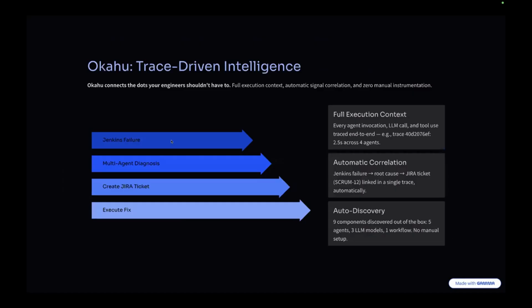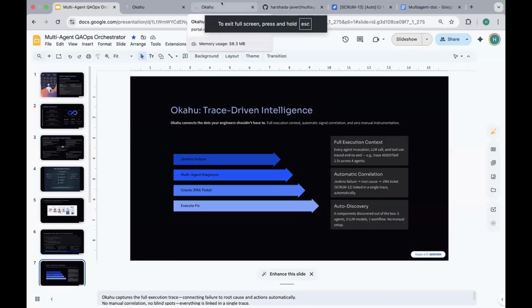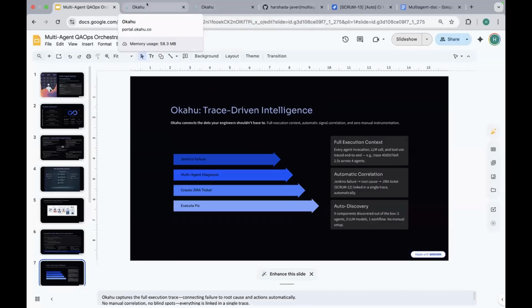Okahu trace-driven intelligence will give us the full execution context of how all the agents are invoked, with traces end-to-end based on the trace IDs. It also has memory, which can be used for the next cycle of agent pipeline or agent calls.